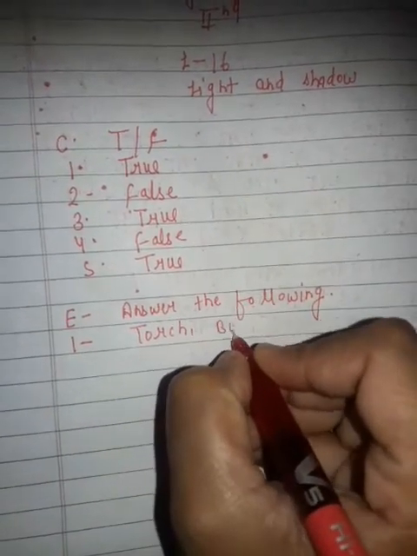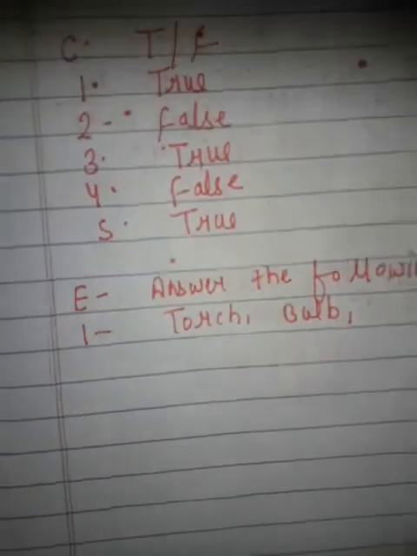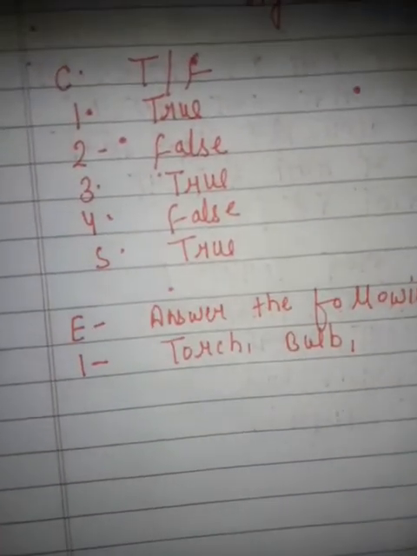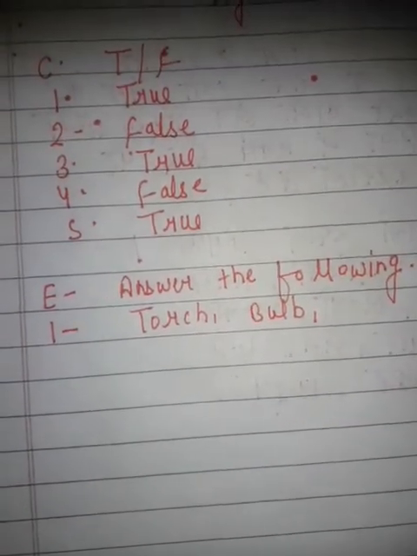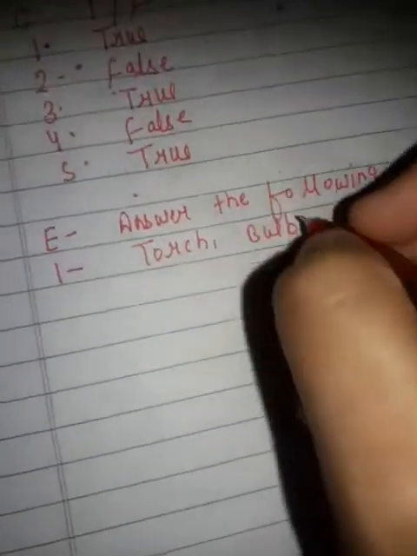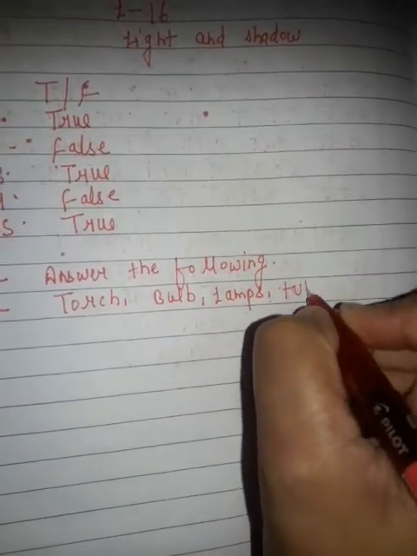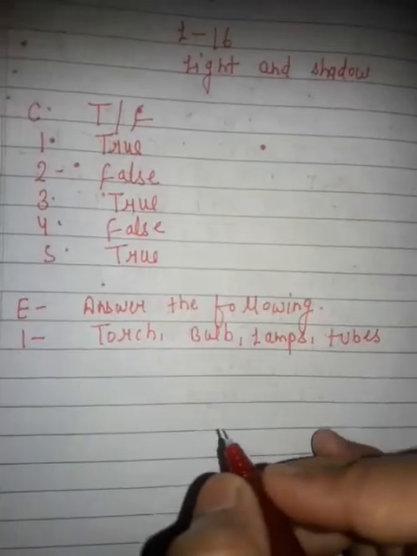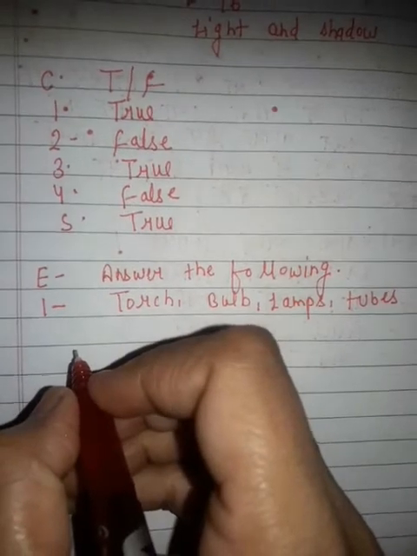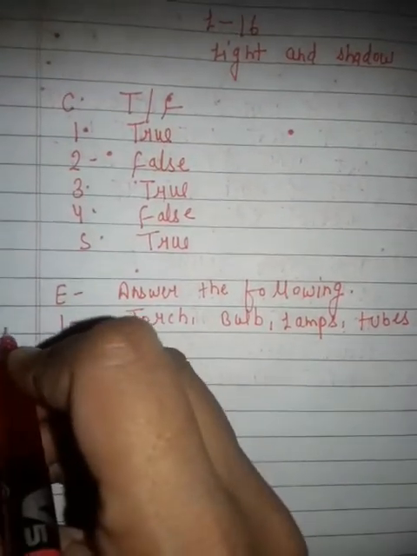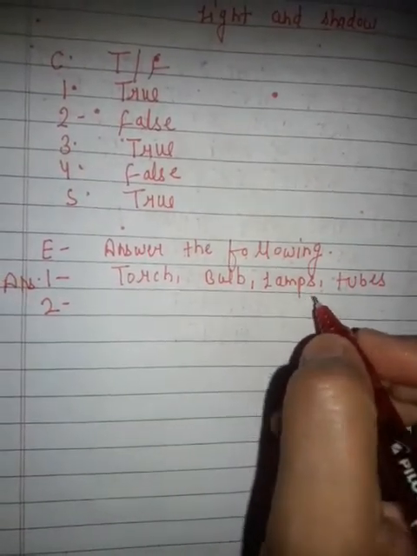Torch, bulb, lamps, tubes. The first answer to name 4 common sources of light is: a torch, bulb, lamp, tubes.